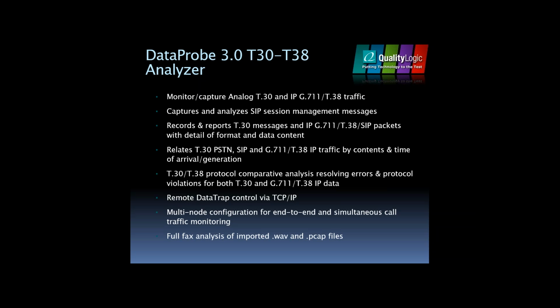Either you have to extend your analog connection via digitizing the signal at one end and then integrating it again at the other, or you have to take the T30 messages and in some way turn them into data IP messages and then turn them back into T30 at the other end.